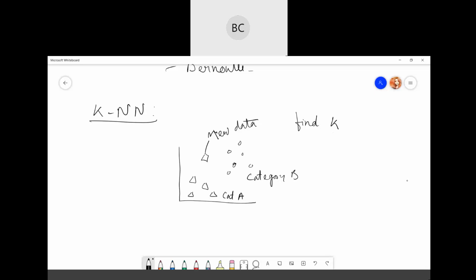Anyone? How to decide the K value? It will define. Who will define?